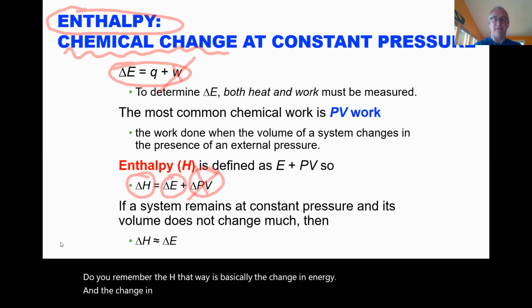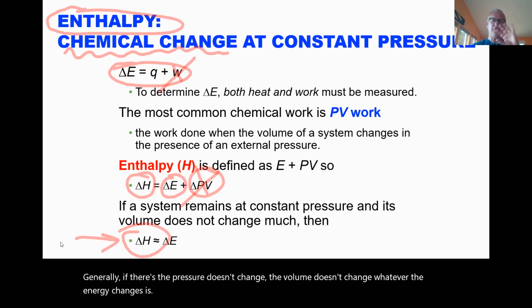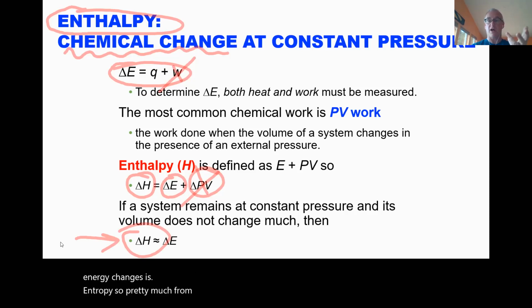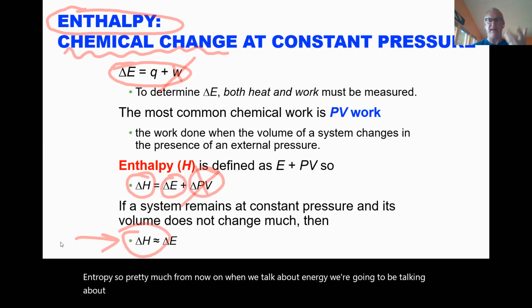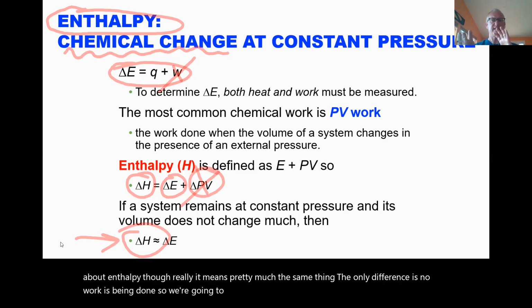But since that's not getting done, generally, if the pressure doesn't change and the volume doesn't change, whatever the energy change is, is enthalpy. So pretty much from now on, when we talk about energy, we're going to be talking about enthalpy, although really it means pretty much the same thing. The only difference is no work is being done. So we can use the words interchangeably, but they don't mean exactly the same thing.